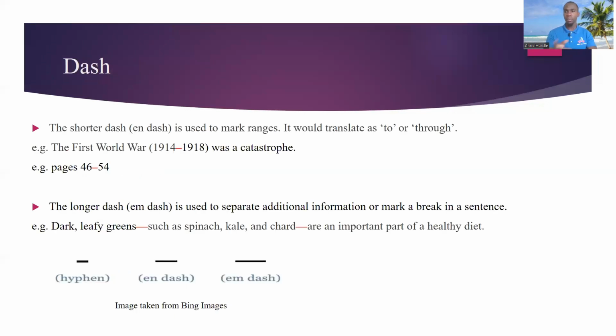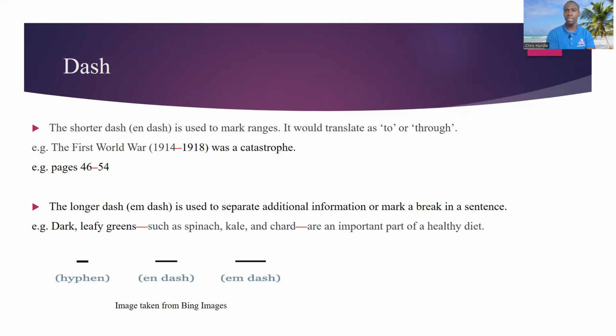So as I was saying before, the hyphen is often confused with the dash, but the dash has different uses, and the dash is actually longer than the hyphen, as you'll see shortly. When it comes to the dash, there are two dashes in English. We have the shorter dash, which is the en dash, which is used to mark ranges.